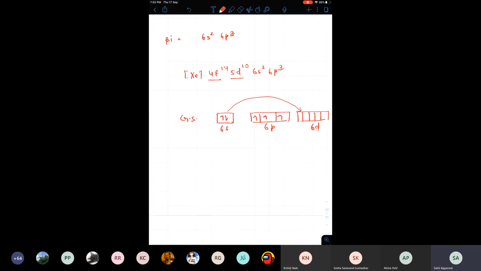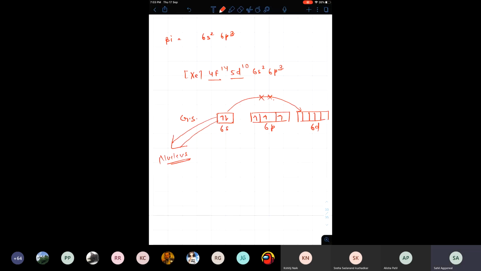Because of poor shielding by the intervening electrons, 6s electrons are attracted towards the nucleus. They can't be excited.